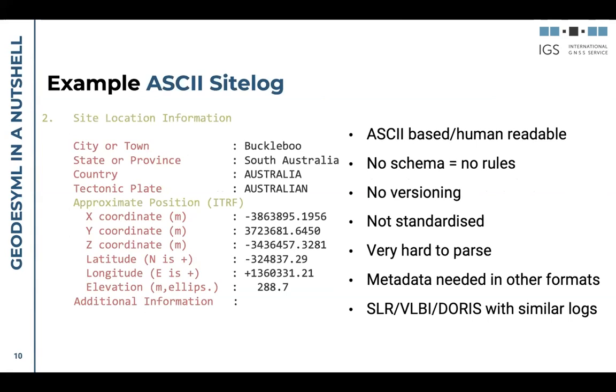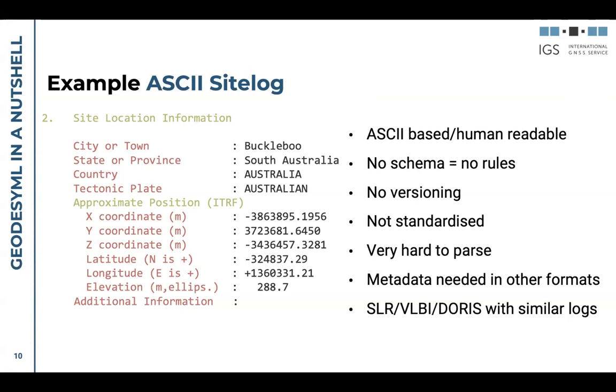So here's an example of the old ASCII SiteLog format. We all know how it looks. It's ASCII based, it's human readable, but there are a lot of issues with it. There's no schema behind, and no schema also means that there are no rules.